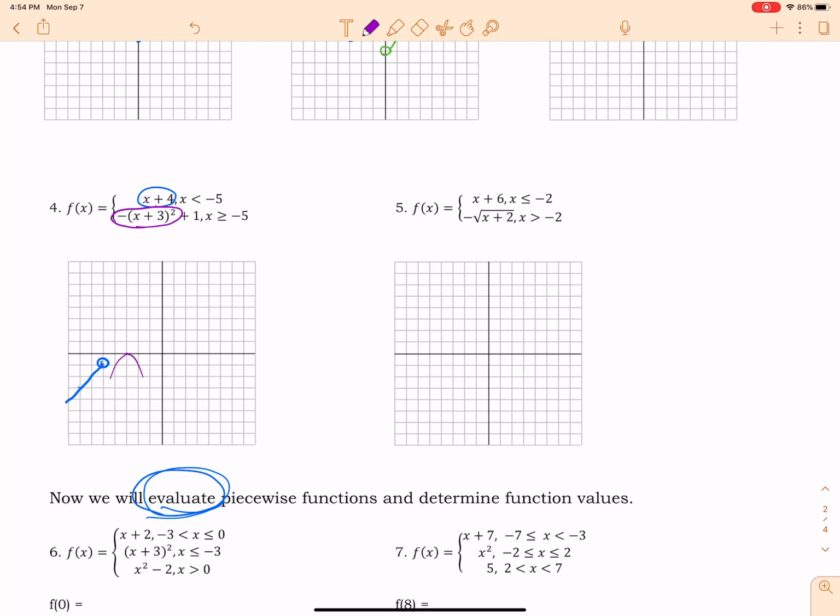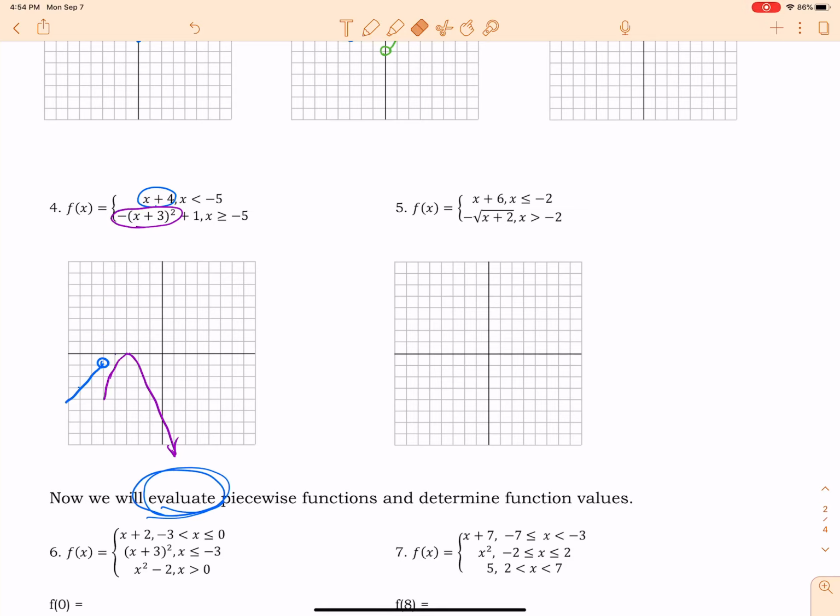All right, so -5 is right here. And so let's look and see what that would look like. So we're going to go left 1, down 1. There's an ordered pair. Left 2, down 4. Okay, so that is where it's going to stop, right there. And then on the other side, it's going to just keep on going. All right, so that's what your function would look like.